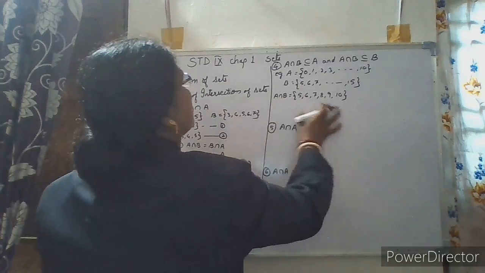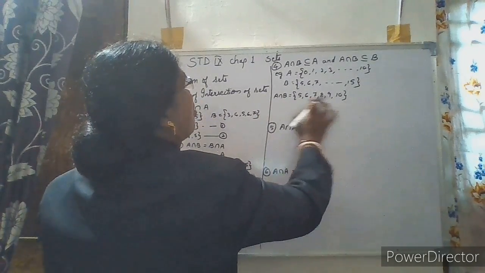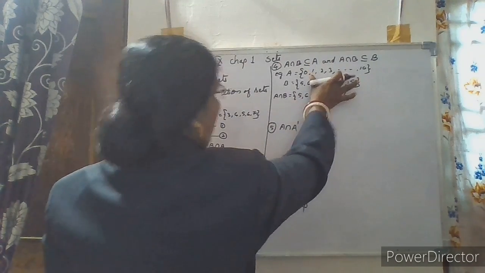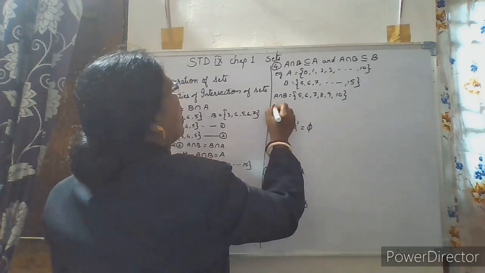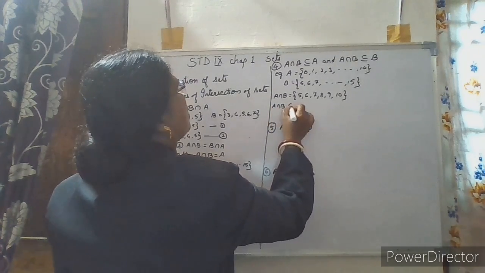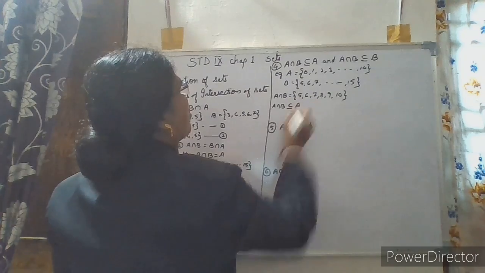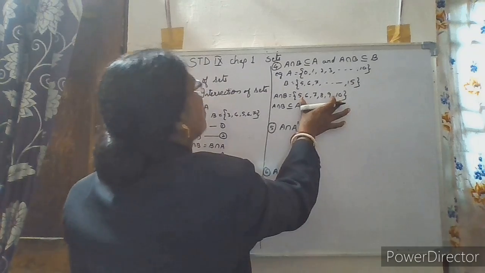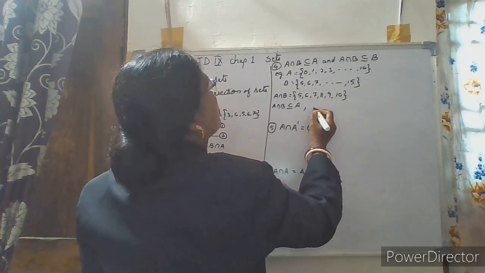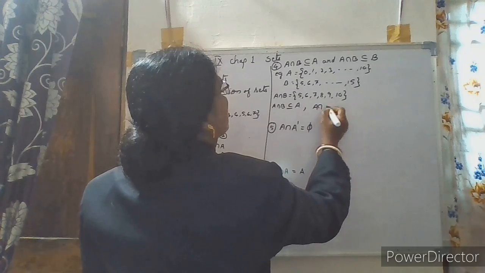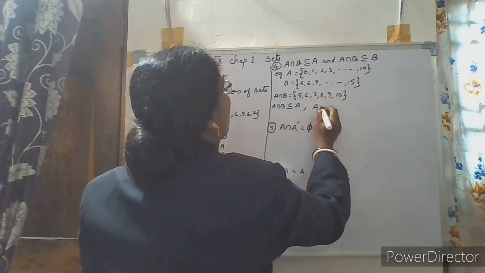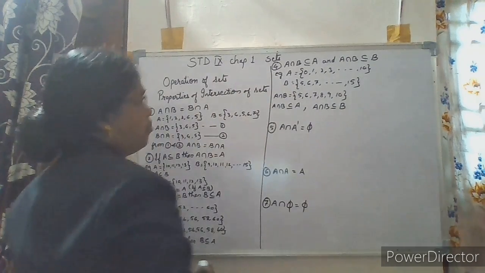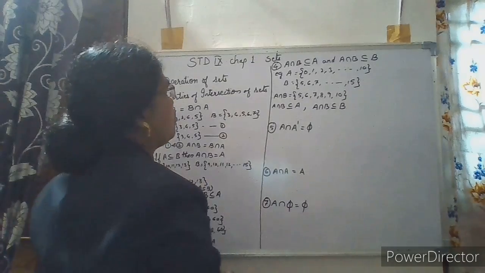You can see that all these elements are present in set A. So we can say A intersection B is a subset of A. And all these elements are also present in set B, so A intersection B is also a subset of set B. So this is one property.